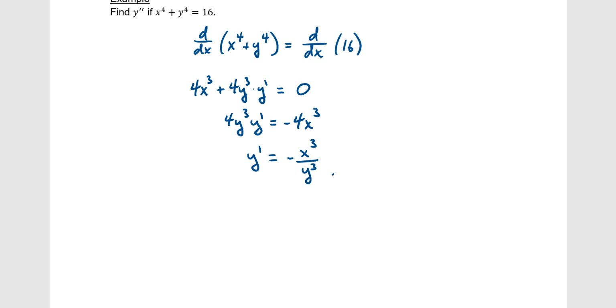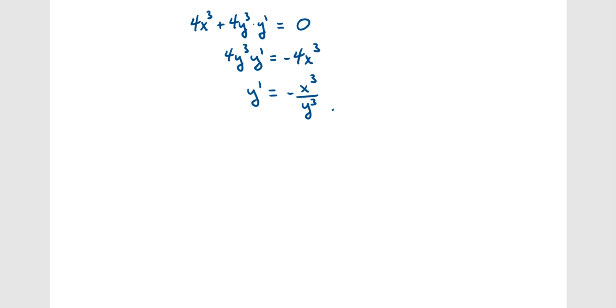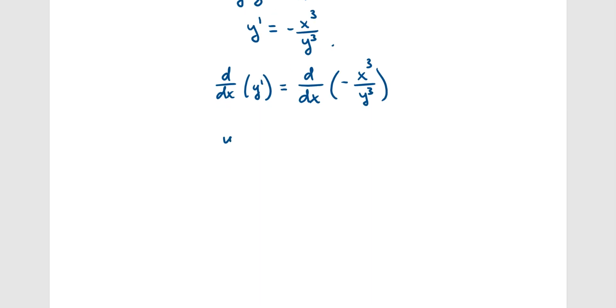But now we want y double prime, the second derivative, so all we have to do is take the derivative of both sides. We do d dx of y prime equals d dx of negative x cubed over y cubed. The derivative of y prime is y double prime, which is why we did it. And now we need the derivative of the right-hand side.